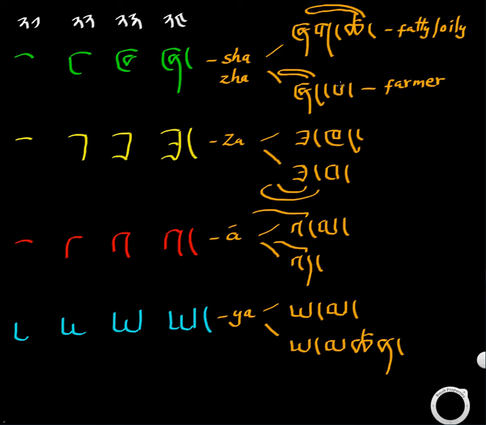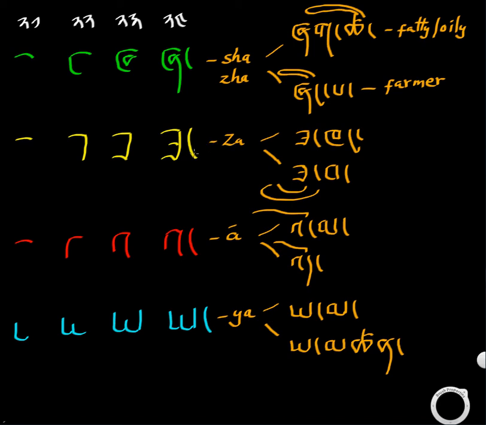And then if you put this letter up here instead of pa, if you put ka, then it becomes Shingka, meaning farm. Okay, so it's just a bonus word. Shingpa means farmer, Shingka means farm. So the next letter is sa, not za.